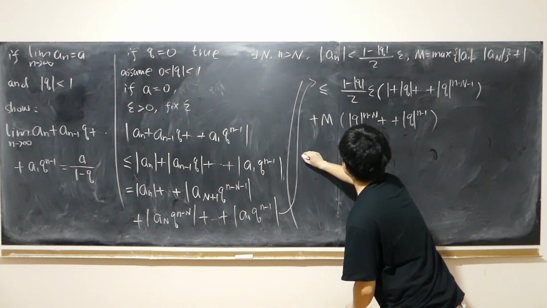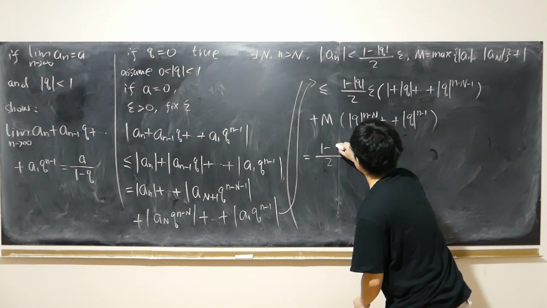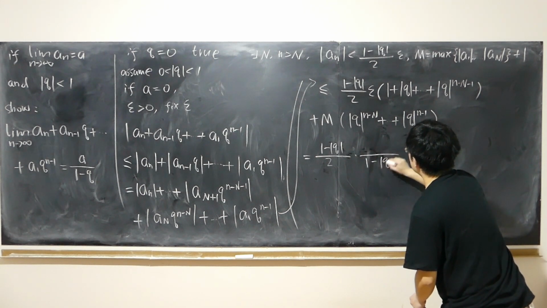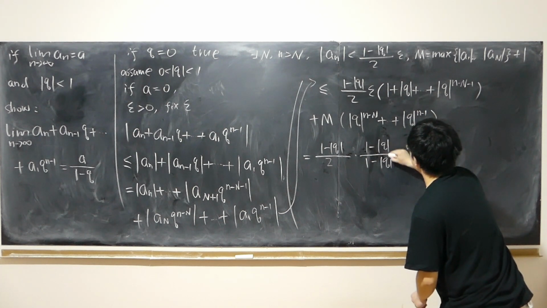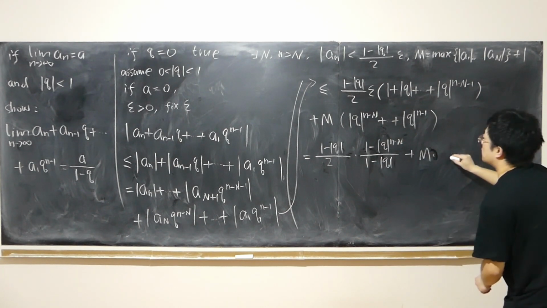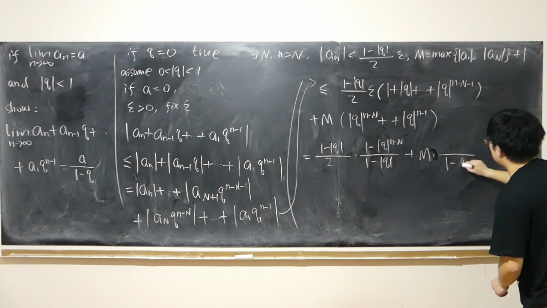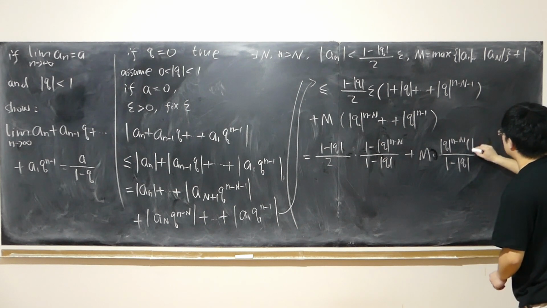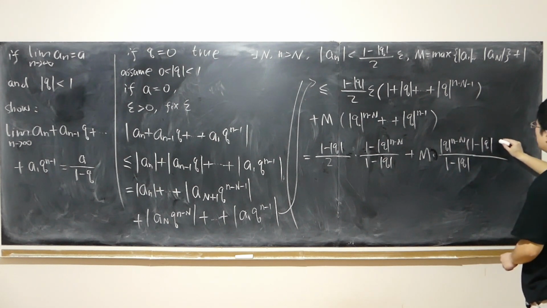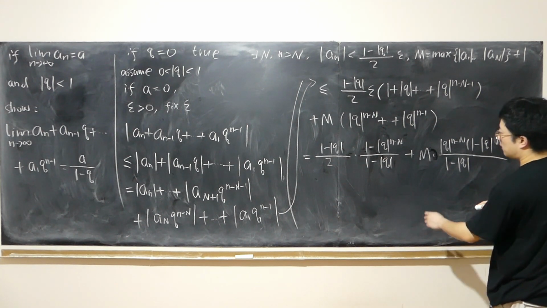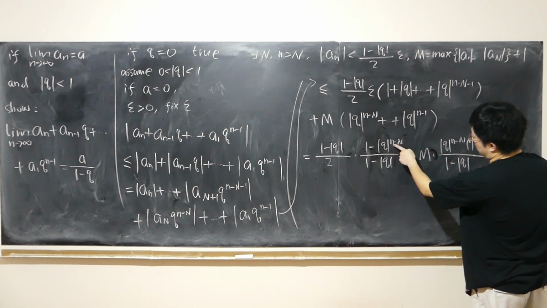So that would be equal to half of 1 minus the absolute value of q times epsilon times the first term 1, 1 minus the absolute value of q to the power of n minus capital N over 1 minus the absolute value of q, plus M times the first term, the absolute value of q to the n minus N, with 1 minus the absolute value of q to the power of capital N, finitely many of them, over 1 minus the absolute value of q. And the fact that the absolute value of q is positive makes this term positive too.